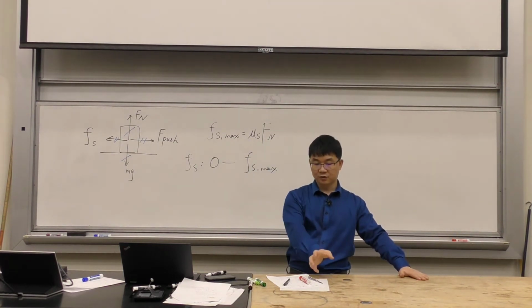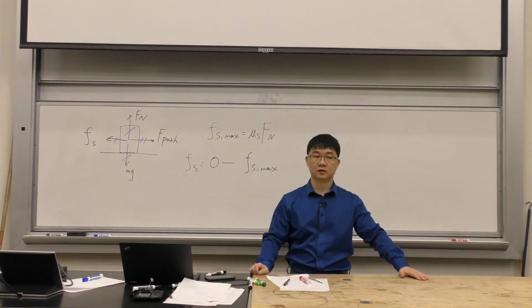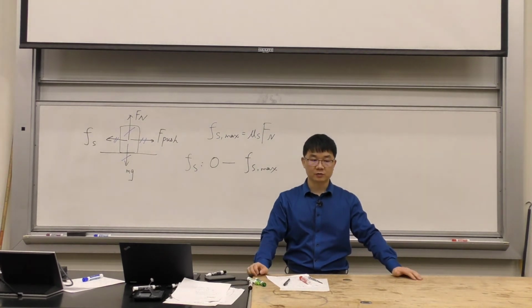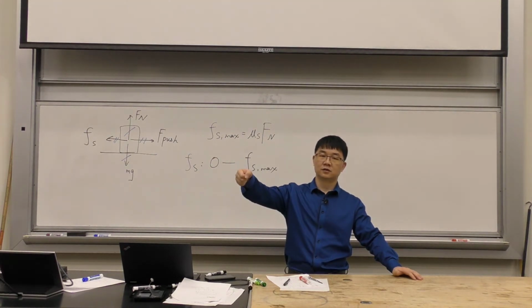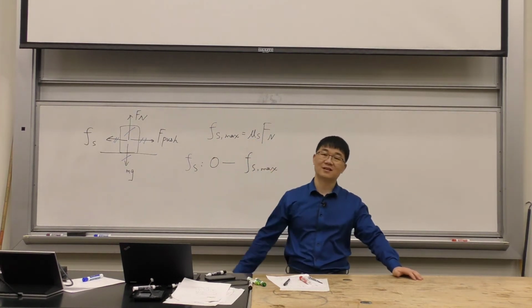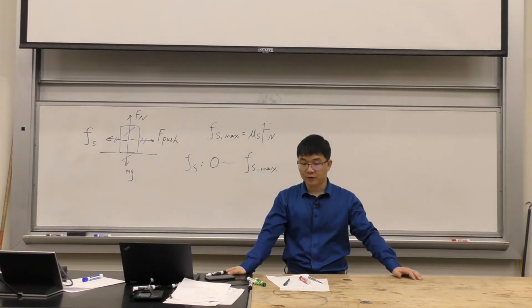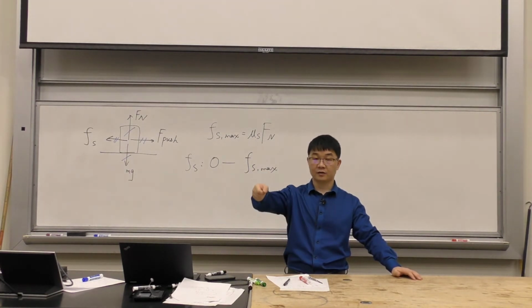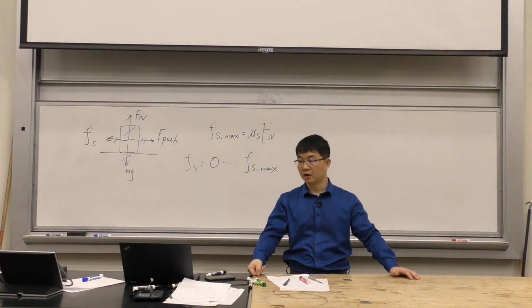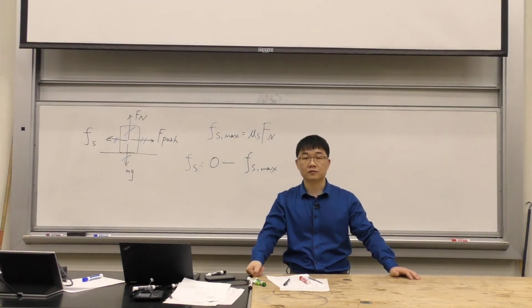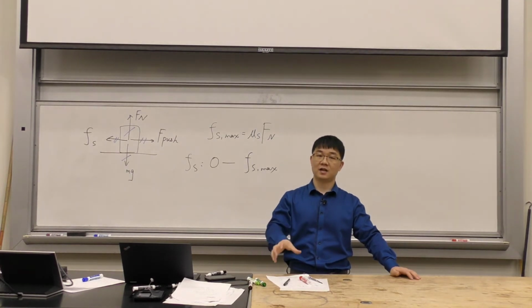You place the object on this surface. You know from your experience that at some point, gravity is going to start to pull this object down. But it may happen at a certain angle. When the angle is very small, the object can still stay on the surface because of the static friction.